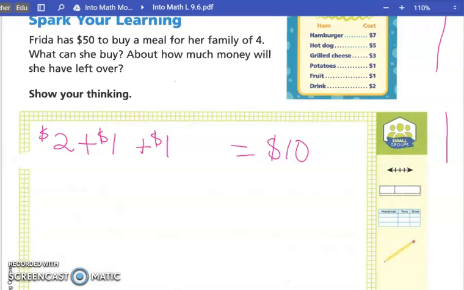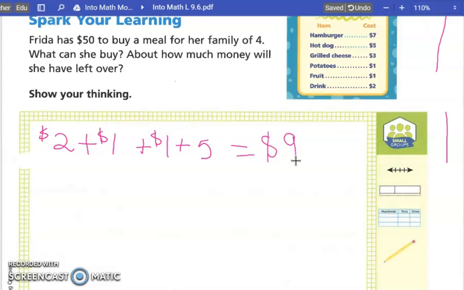No. Could everybody get a hot dog? Well, we have 4 plus 5 is 9, right? Okay. That's $9, and remember we thought we could spend about $10, right? Okay.